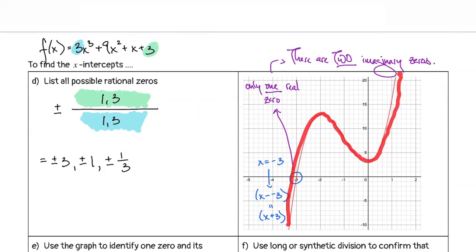We only see that one of them crosses. So let's work through this process and see if we can figure out what those 2 that we don't see on the graph are going to be, what those factors are going to be.